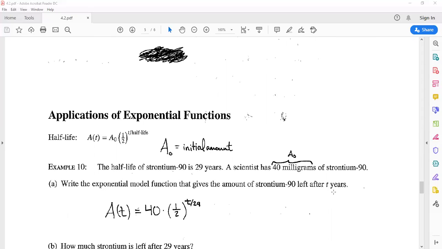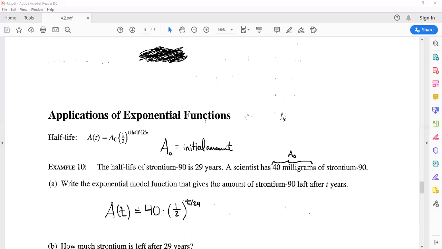This is assuming they're just letting it sit there and be exposed to the elements and decay. So we'll take our cue from what's above. They say that the half-life is 29 years. We'll keep everything in years here. And we'll write that our new amount, A of t, equals 40 times the quantity 1/2 raised to the power of t divided by 29.